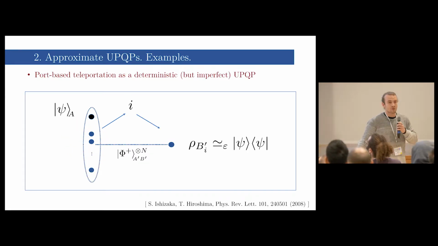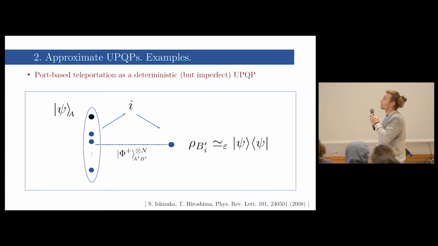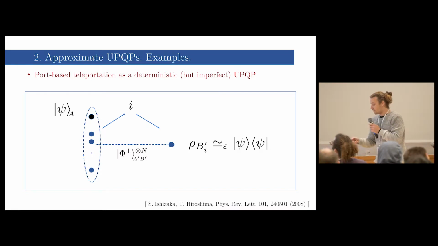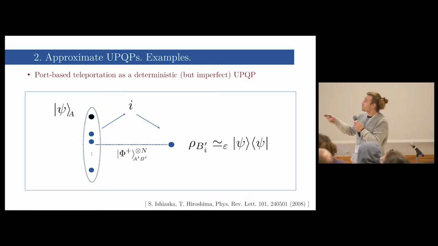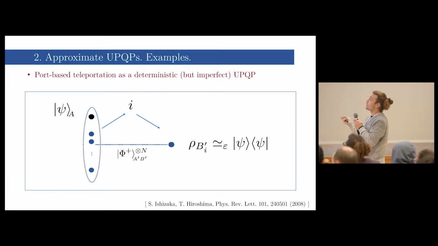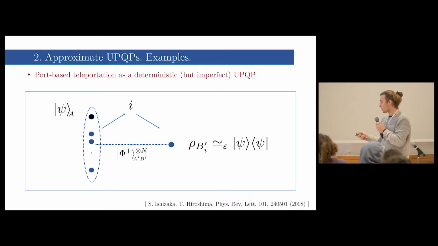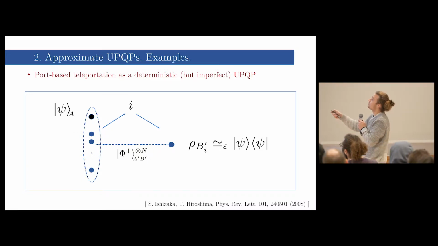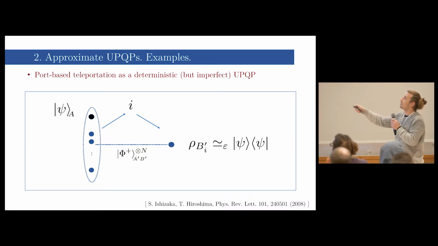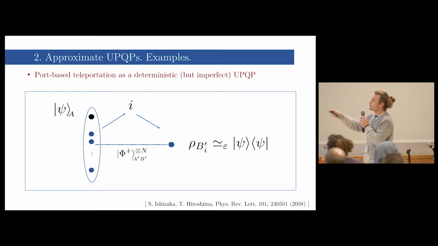Another example comes from the case of port-based teleportation. In this situation, we have a similar goal as before. We want to transmit this state here to Bob using some entanglement and some classical channel between them.